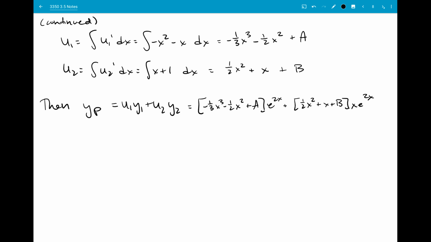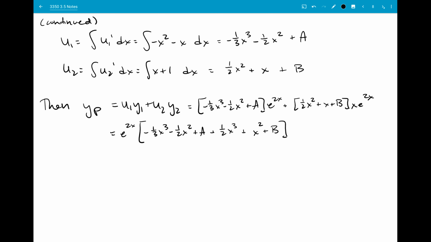And so I'm going to go ahead and simplify that a little bit. My e to the 2x I'll pull out in front. I've got minus 1/3 x cubed minus 1/2 x squared plus a, plus 1/2 x squared times x, so 1/2 x cubed, plus x times x, x squared, plus b.